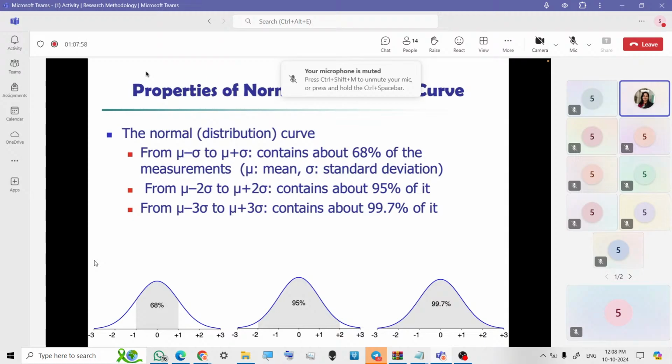If I take two standard deviations apart, which is mu minus 2 standard deviations and mu plus 2 standard deviations, that comes under the next 95%, and then 3 standard deviations apart comes under 99.7%. This is how we describe the normal distribution curve.